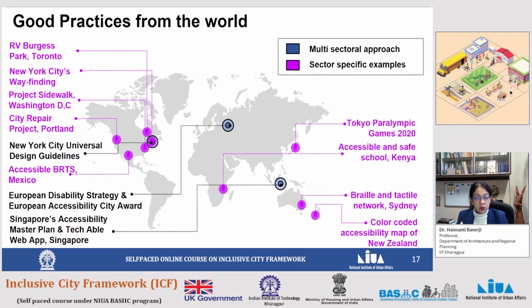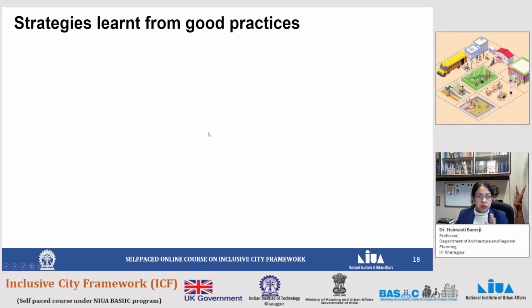Please note that there is a fair amount of similarity in coverage in these multi-sectoral approaches like outdoor environment, transportation, livelihood, participation, recreation, etc. So after you have gone through this, you would see that these are some of the strategies compiled from the good practices.